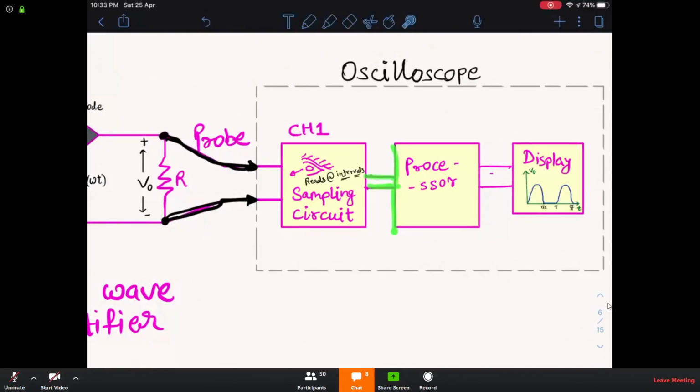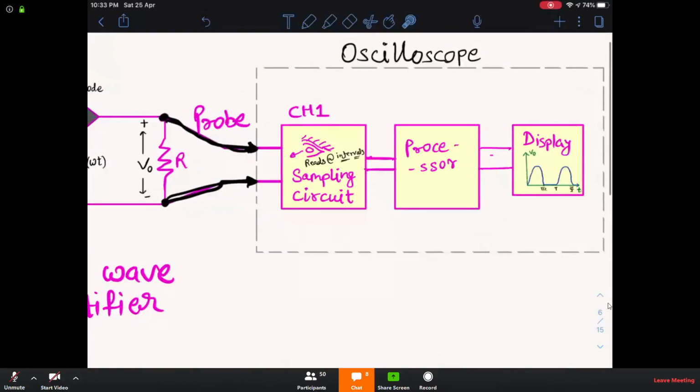Now what the processor will do: it will perform certain important algorithms on that signal, and it will try to figure out what kind of signal that is. After performing all the calculations and signal processing, it gives the data to the display, and the signal is displayed to the user.